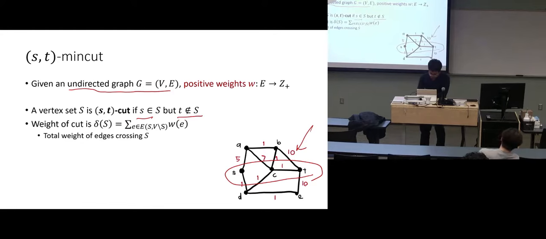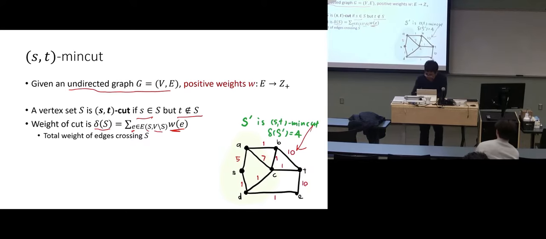And given any cut, the weight of the cut is just the sum of the weights of all edges crossing the cut from S to outside S. For example, this cut, the green one, the weight is 4 because you count this one and this one that cross the cut.